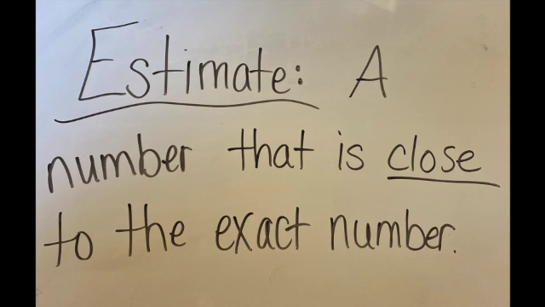This estimate is a number that is close to the exact number. So it's not going to be an exact number like how we solved for yesterday. We are going to find an estimate. And usually an estimate ends in a 0. And you will see what that looks like today.